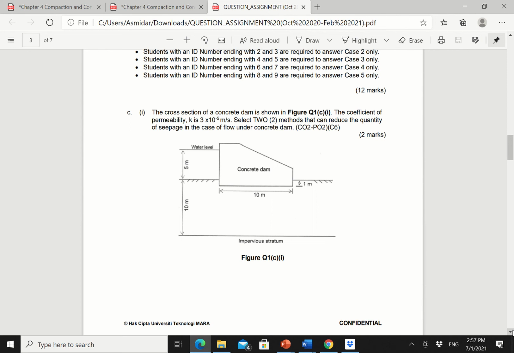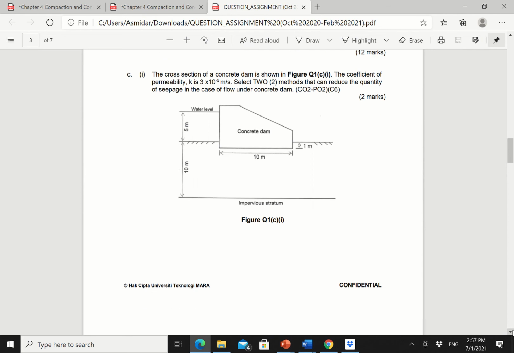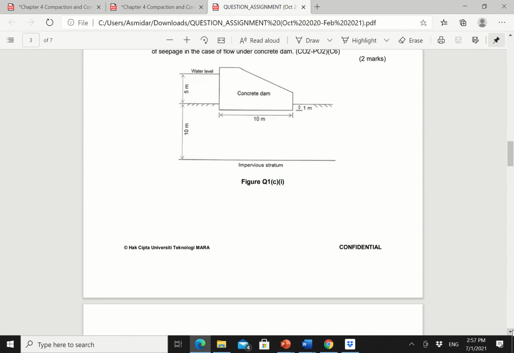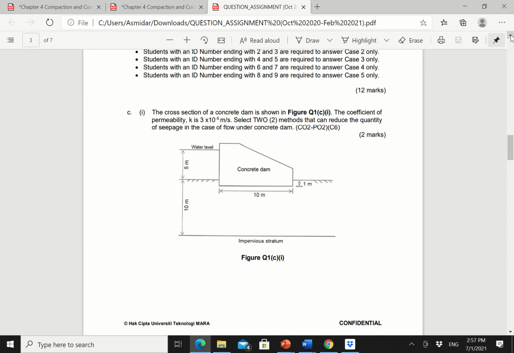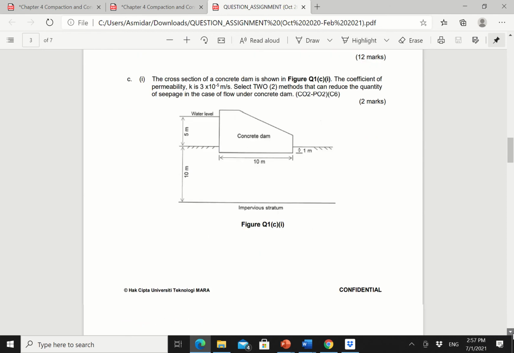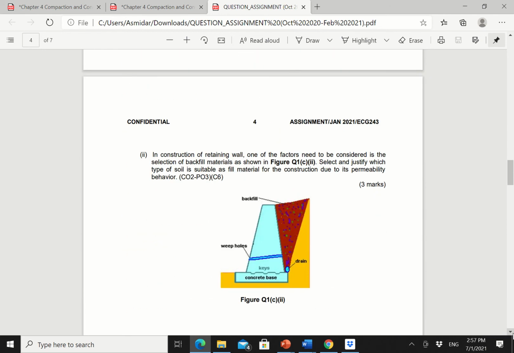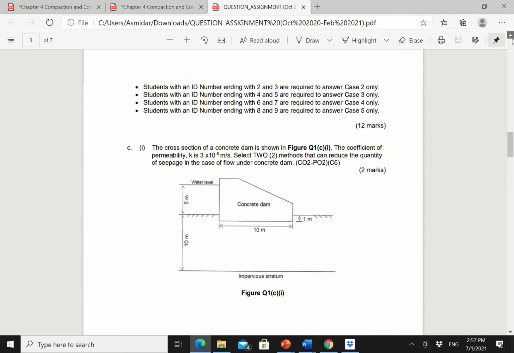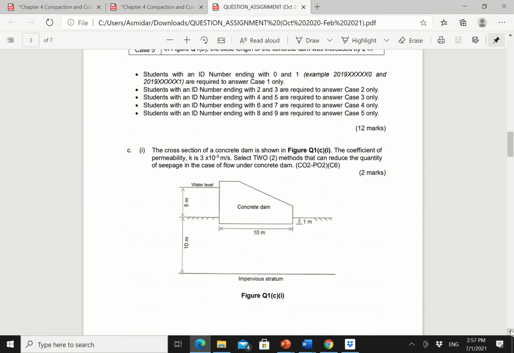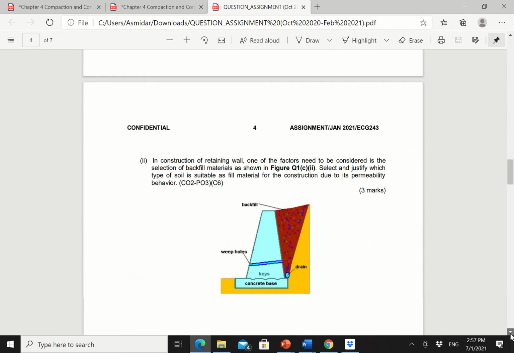You must find any literature related to this kind of problem. The expectation is that you will justify the answer using sentences. That is for question C number 1, and then question C number 2.